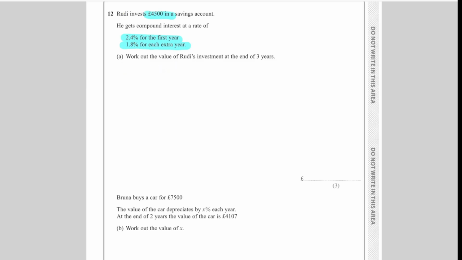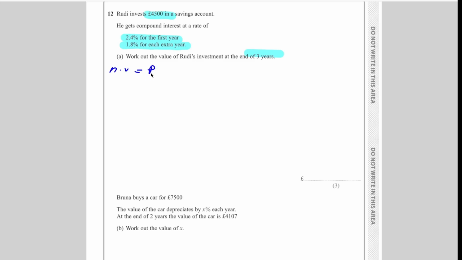So for this question, you need to get the formula. What's the formula for the compound investment? New value equals old value.